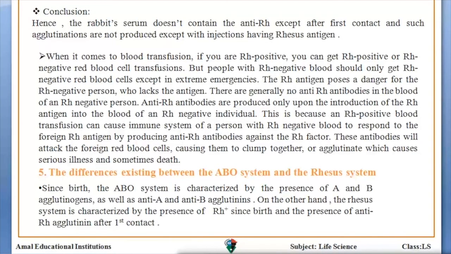That is, antigen A, antigen B, anti-A, and anti-B are found at birth. On the other hand, the rhesus system is characterized by the presence of the rhesus factor, that is the Rh antigen, at birth, and the presence of the anti-Rh antibody after first contact.